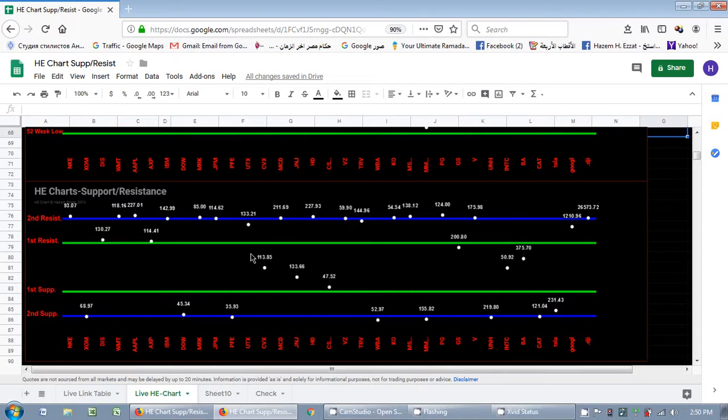Again, through mathematical equations, I have normalized all the resistance and support levels, the first band and second band, for all the stocks. And the plot here is actually a price treatment through a mathematical equation to plot the current price with respect to the support and resistance levels, both the first band and the second band.